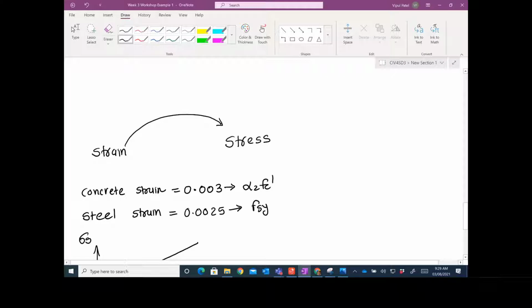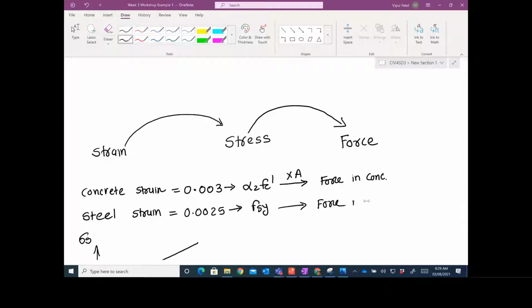From this stress, you can get the force in the concrete and steel. How are you going to get the force? Once you know the stress, you multiply by area to get the force, which is compression force in concrete, and you will get tension force in steel. And from force, you will get moment, because that is our ultimate goal. We need to find that moment.